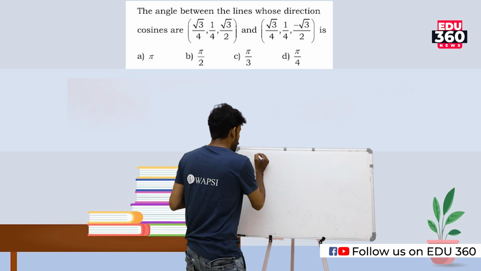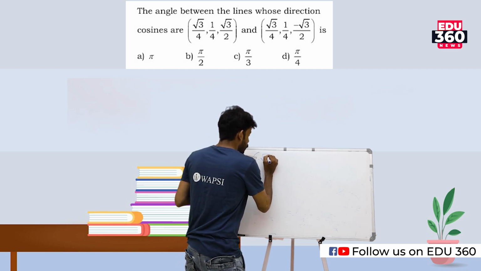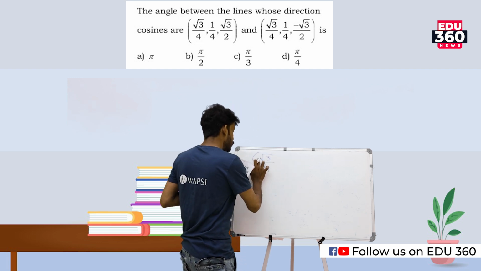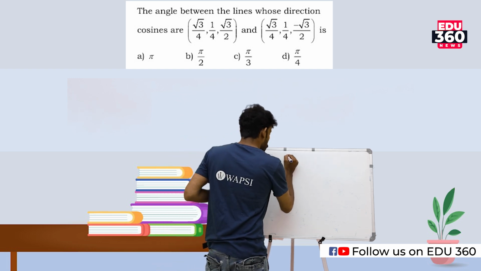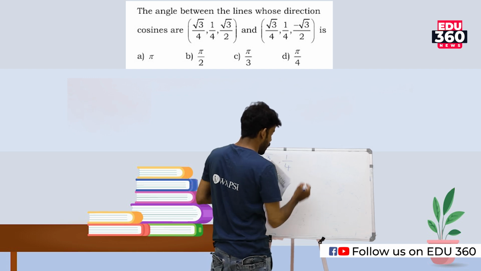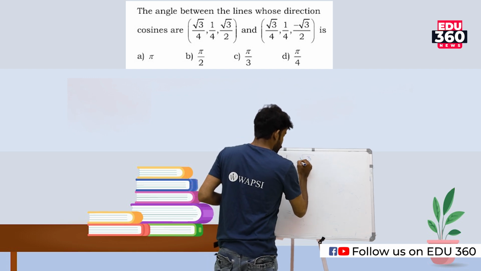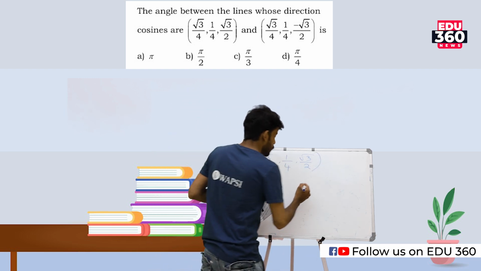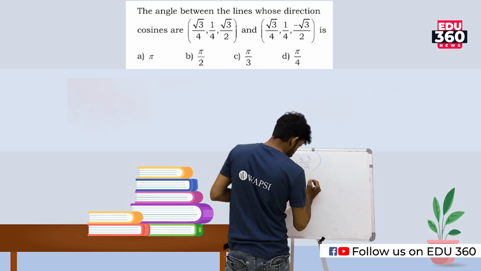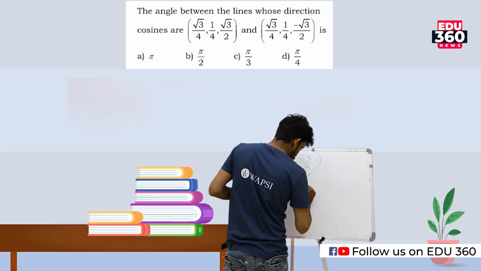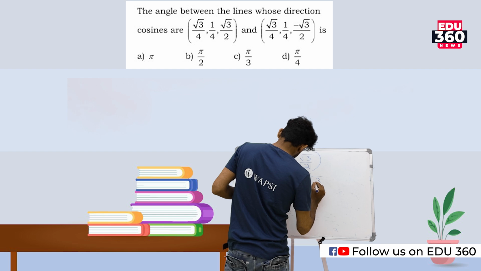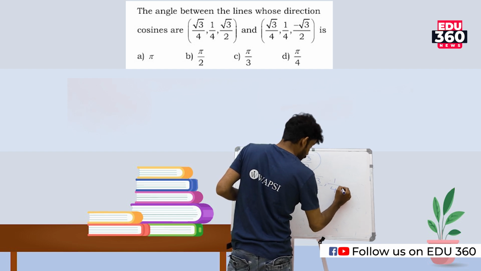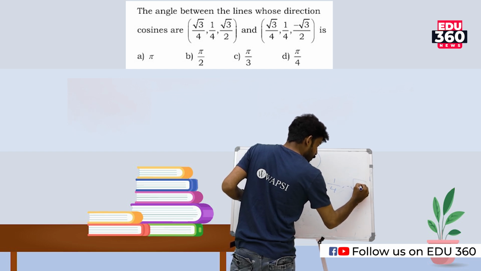So first of all, we can write the direction cosines of the first line as root 3 by 4, 1 by 4 and root 3 by 2. And the next direction cosines are root 3 by 4, 1 by 4 and minus root 3 by 2.